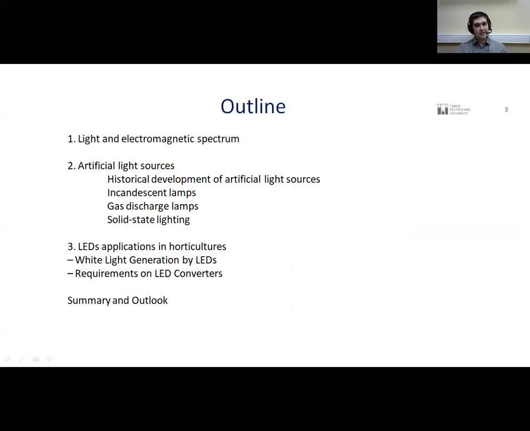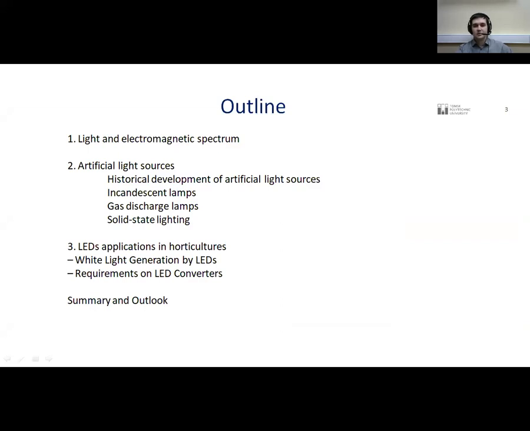So my task today is to give you a short review about artificial light sources. According to this, I divided my presentation into several parts. Firstly, I will briefly consider the issues connected with light and the electromagnetic spectrum. General terms and metrics will also be considered, especially for the separation of light for plants and for humans.